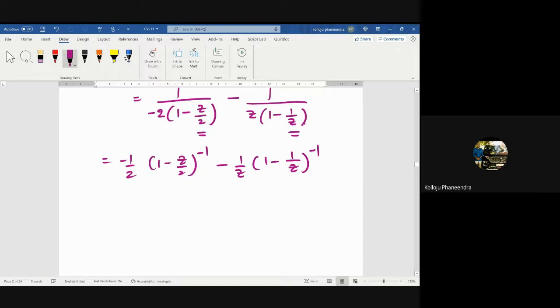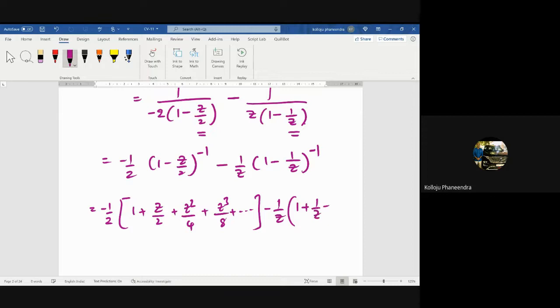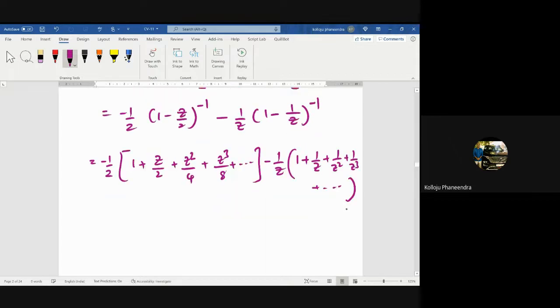Now apply the formula. Minus 1 by 2, this is 1 minus x whole power minus 1, which is 1 plus x square plus x cube and so on. This is over. Minus 1 by z, this is also the same, 1 plus x square plus x cube and so on. Now let me simplify.